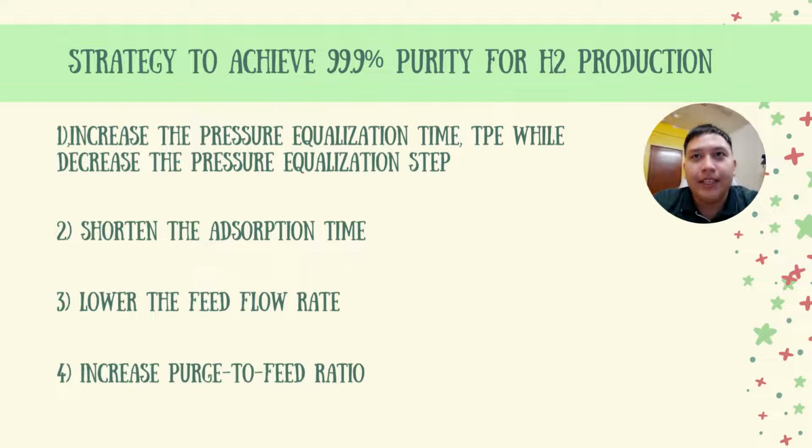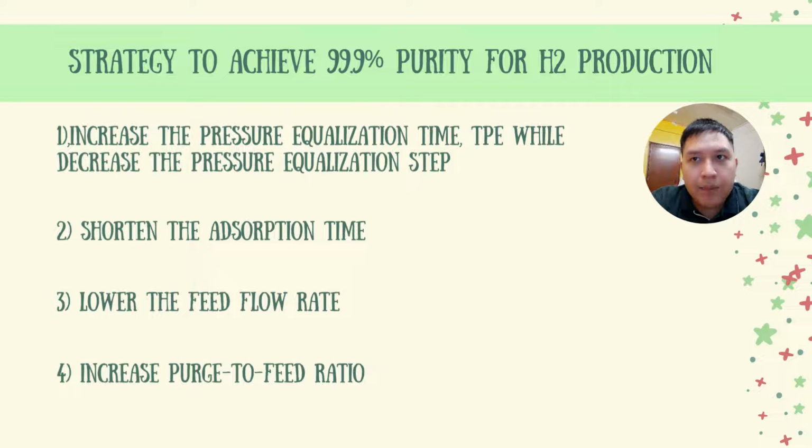The third strategy is to lower the feed flow rate. As the input flow rate rises, the amount of time synthetic gas spends in the adsorbent bed decreases, which means the syngas does not have enough time to touch the adsorbent, resulting in a reduction of H2 purity. The fourth strategy is to increase the purge to feed ratio.